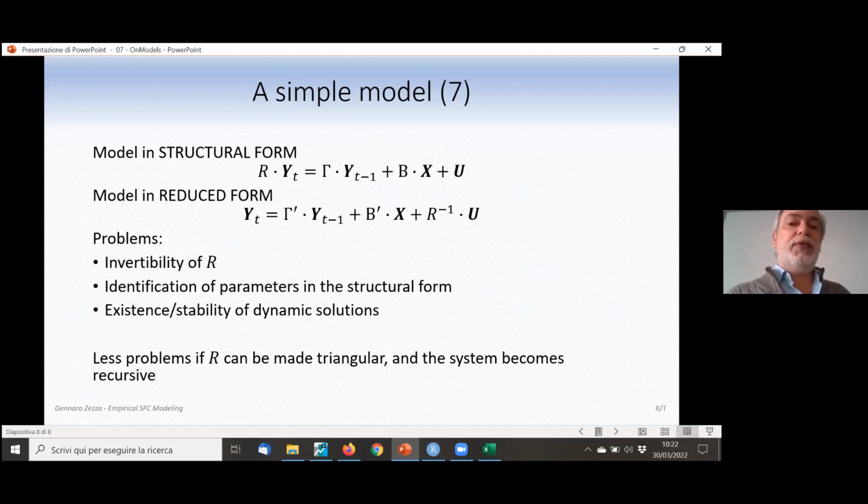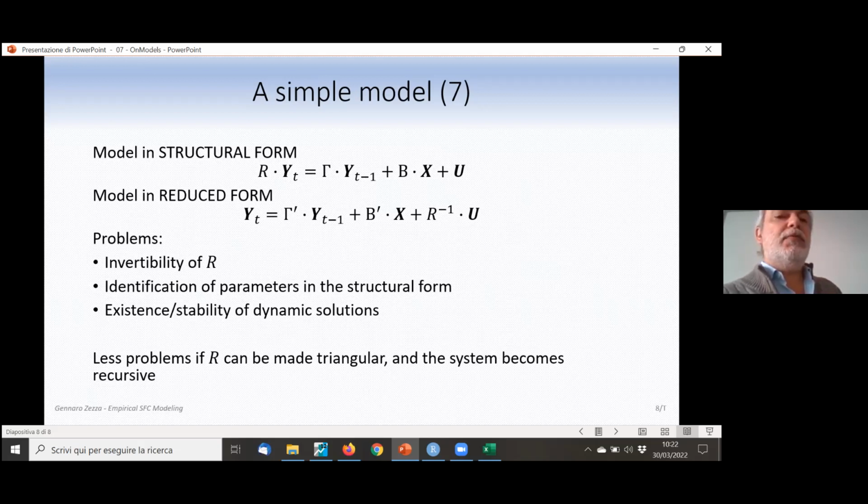And if you drop Bx or B prime X in the next slide, what you get is a system of equations where each variable depends on the lagged values of all the other variables. So you get a VAR, okay?